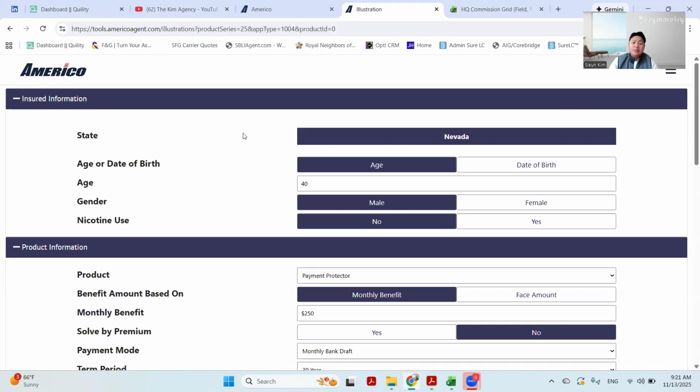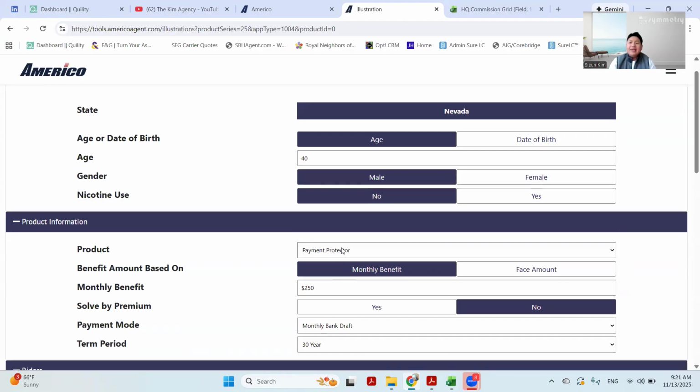Now, Americo has a product called the Payment Protector, and this one goes down. The death benefit decreases over time as your mortgage goes down, right? But it's not exact. It's not exactly matching the client's mortgage amount going down, but it does go down over time. So if a client says, "Hey, I already talked to a few agents," this is a great way for you to earn their business.